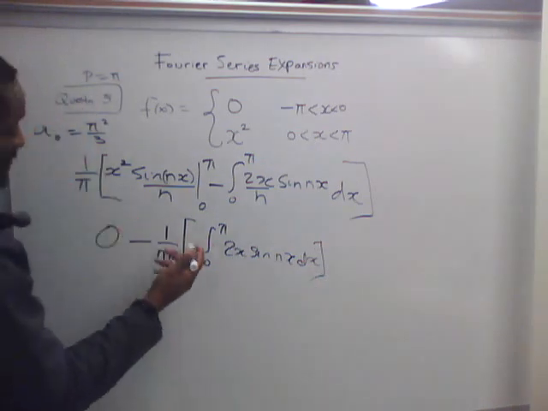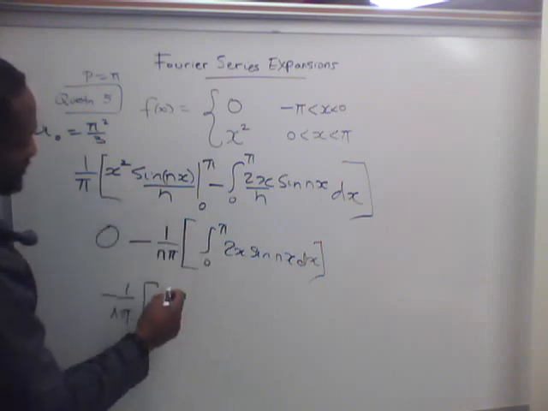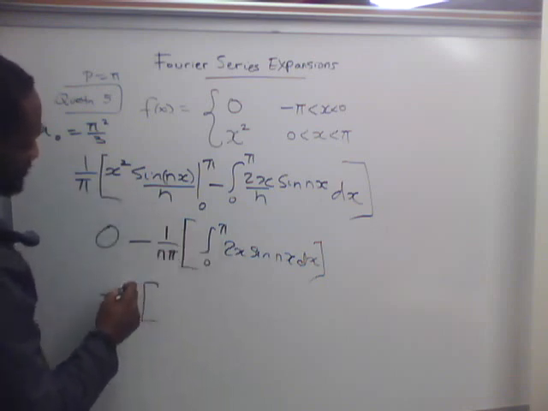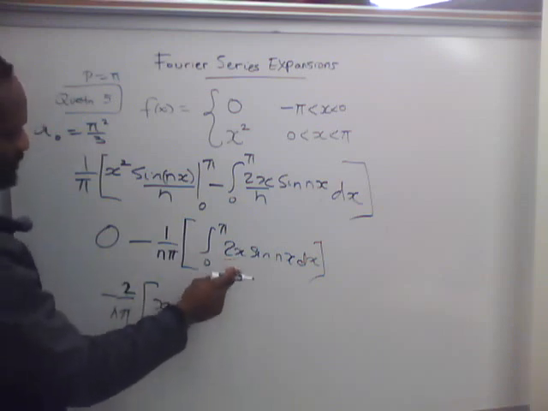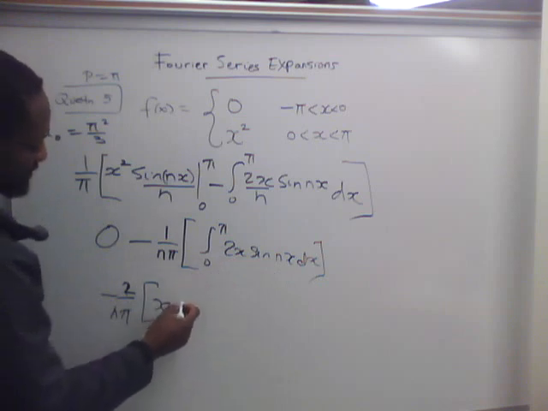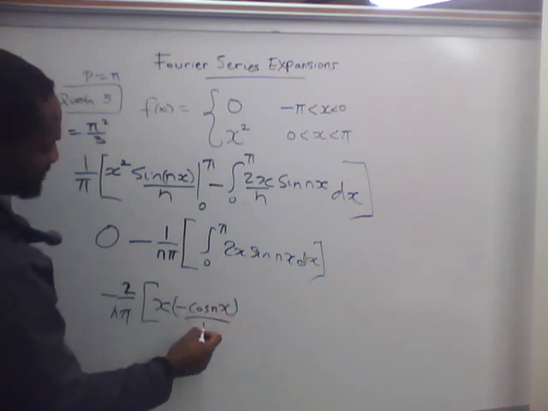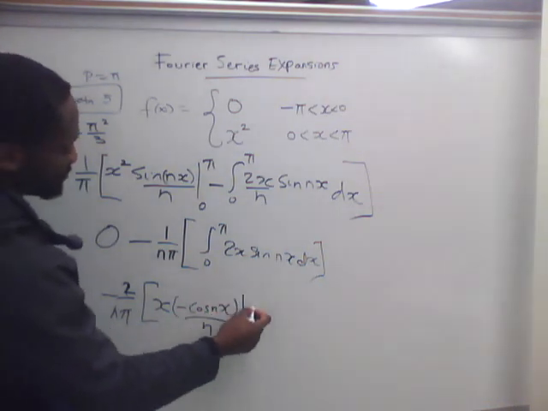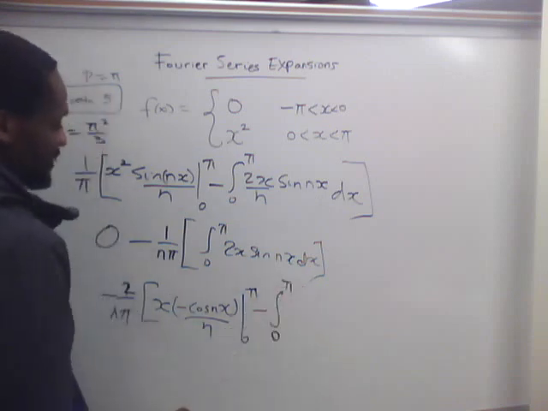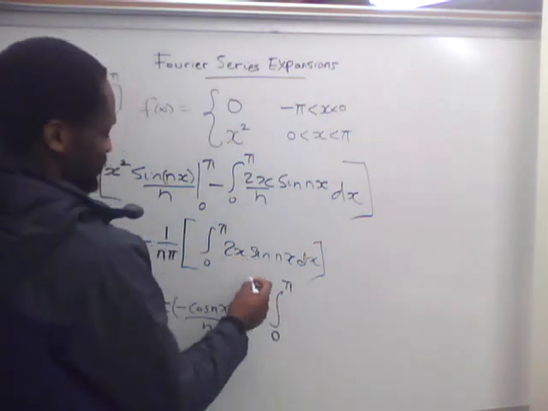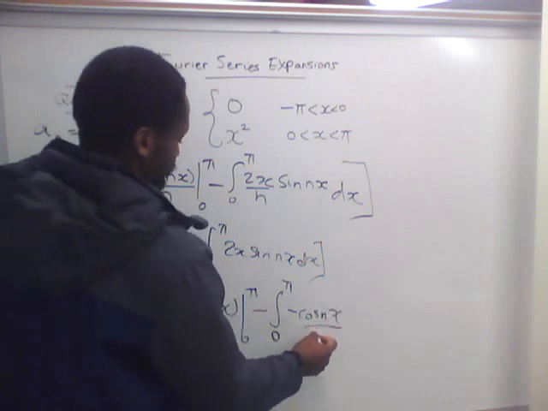Okay, so I then do by parts again. There's 1 over n pi. Now let's just pull out the 2 as well. Now I have x, that's my u, that's my v, there's a negative sign, cosine nx over n, going from 0 to pi, minus 0 to pi again, and now my du is 1, so I have negative cosine nx over n.